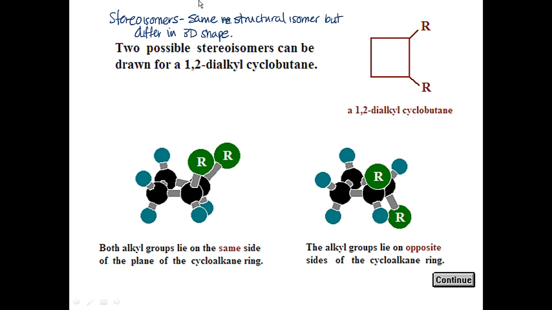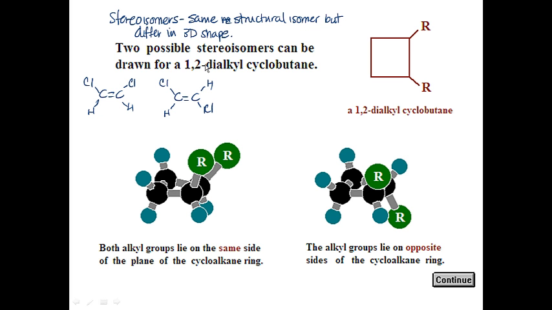And our examples from before, remember, were when we had a carbon-carbon double bond, we could have our geometric or cis-trans isomers for the double bond.